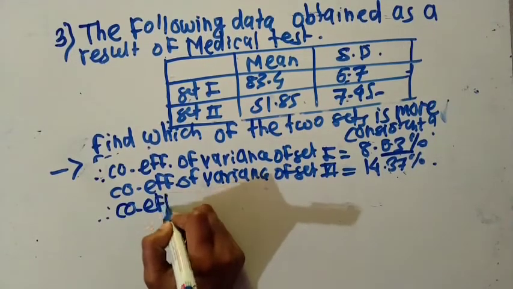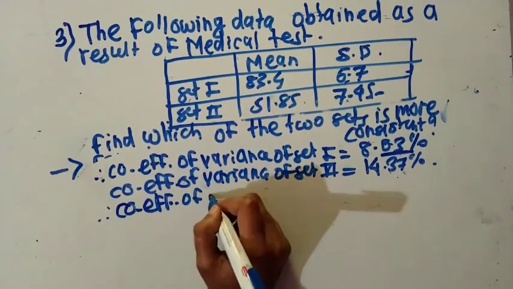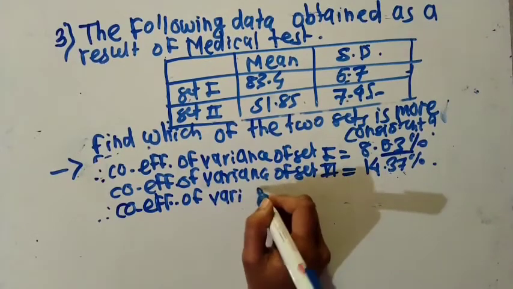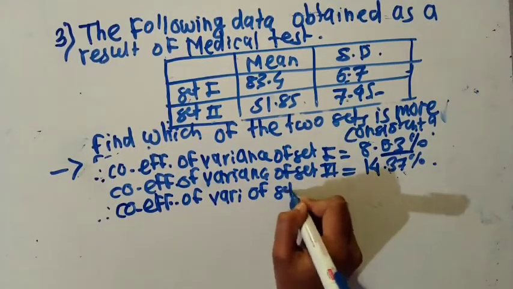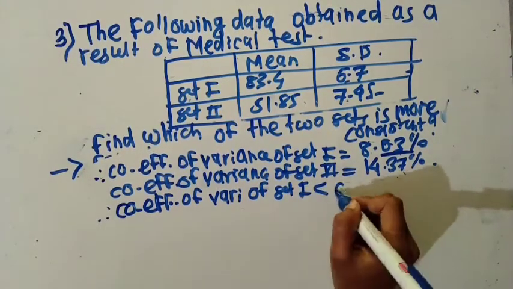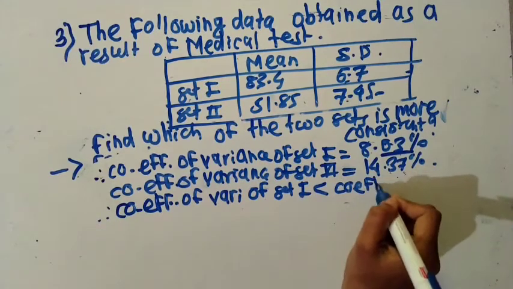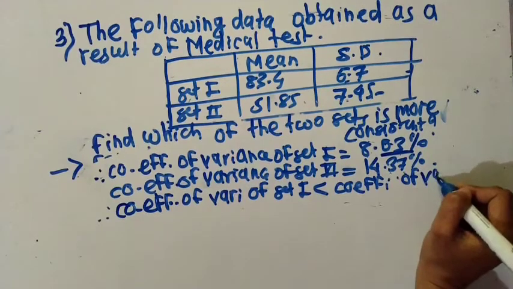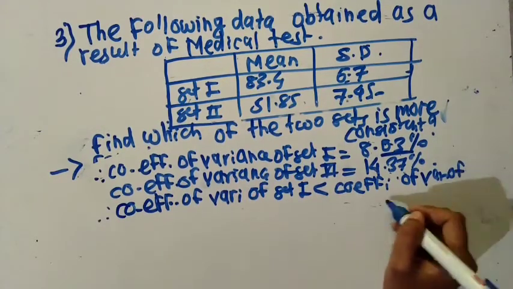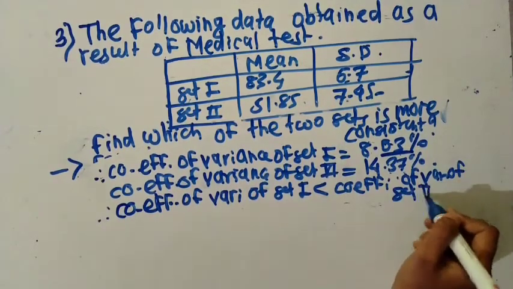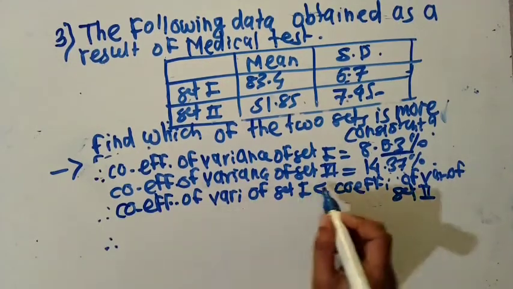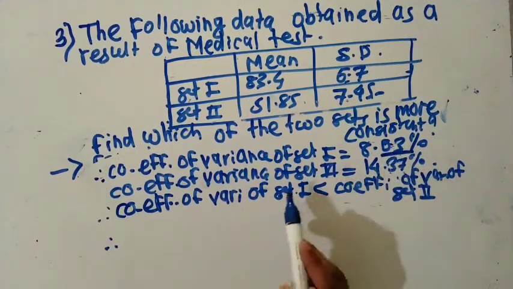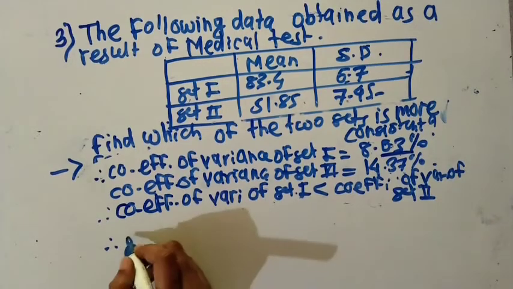Hence, the coefficient of variance of set 1 is less than the coefficient of variance of set 2. Hence, set 1, whose value is less, is more consistent.